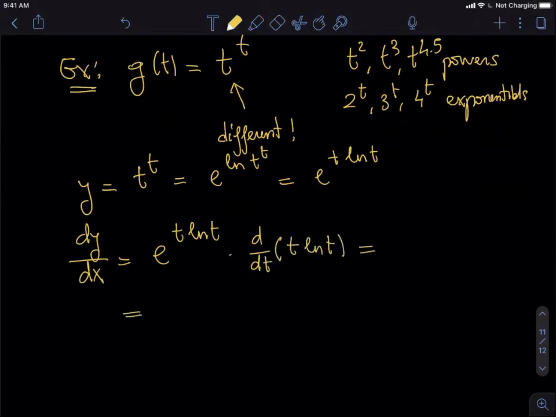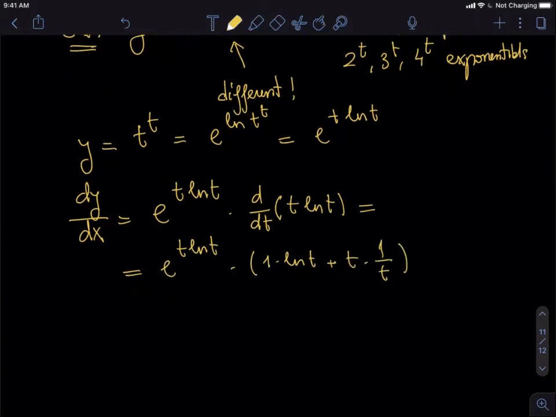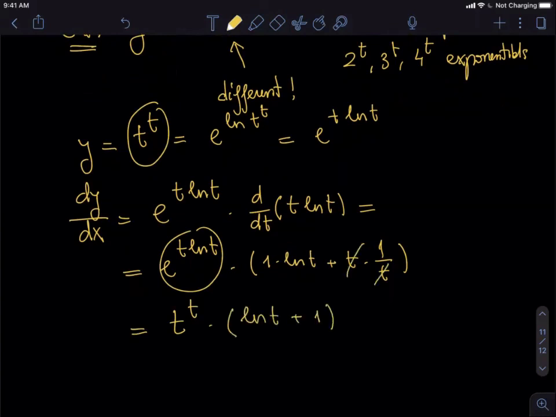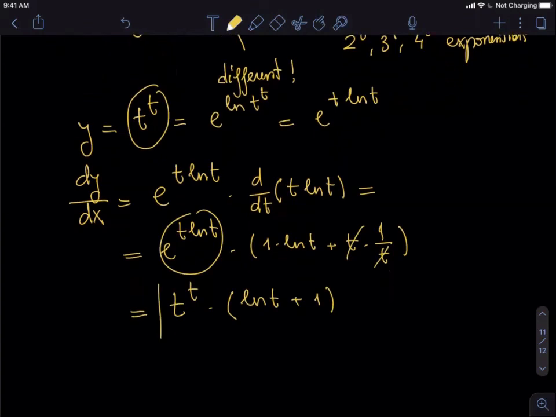And this is the exponential of t logarithm of t times 1 times logarithm of t plus t times 1 over t. Now remember, this exponential here equals the original function. So this is t to the power t times logarithm of t plus 1, because these two simplify. And this is the derivative, t to the power t times the quantity 1 plus the logarithm of t.